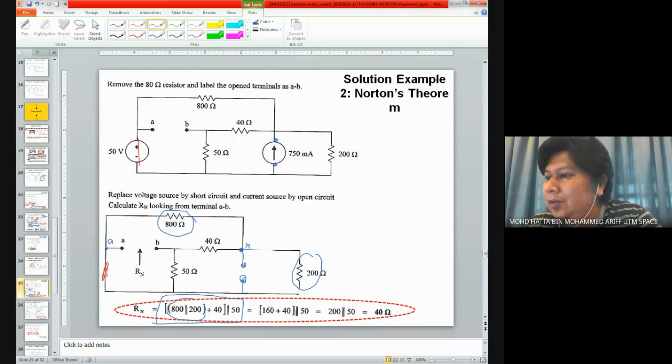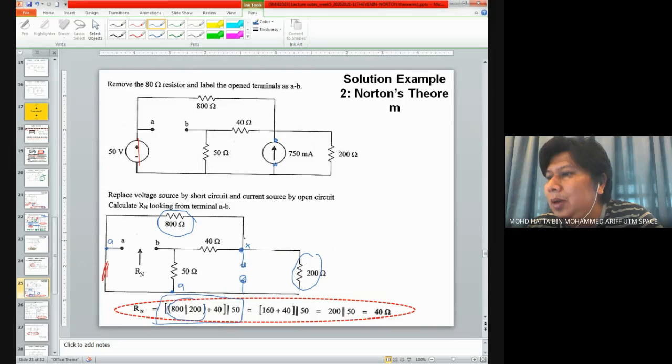At the end of this 200, we also have X, and the other side of 200, we also have A. Since we have a wire over here, this is also considered as A. So that's why we can say that these two, 800 and 200, are considered as resistors connected in parallel, because both resistors are connected to the same terminals.